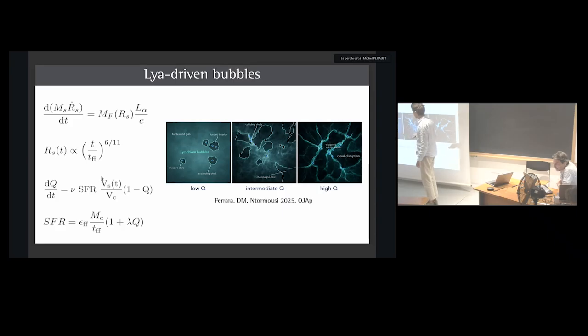And if we parameterize the star formation rate in this way, we can actually solve the two coupled equations and then get the star formation efficiency evolution. And here we are just plugging in this parameter lambda, which tells you the positive or negative feedback of the bubble expansion on star formation. If lambda is positive, this means that as bubbles grow and collide, they can trigger star formation, so you enhance star formation. So solving this equation, this is what we get.